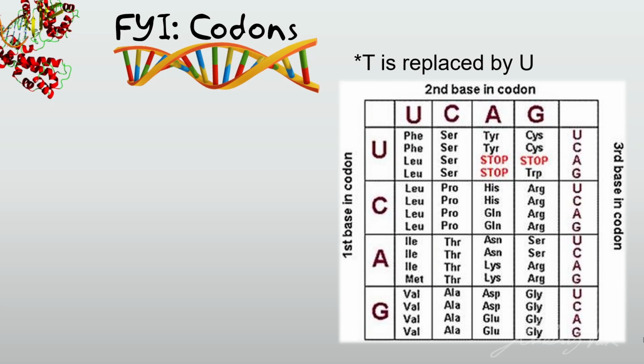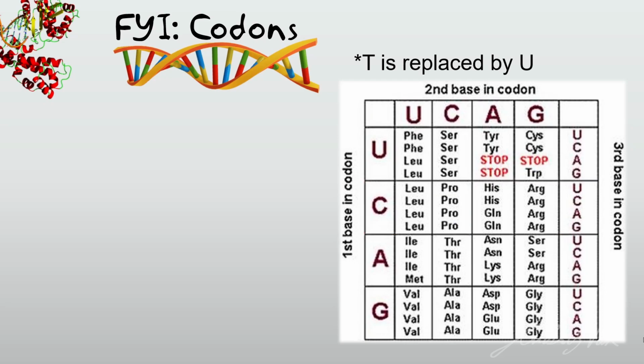If the first is cytosine, second is cytosine, and third is cytosine, it will code for proline. If first and second are cytosine and the last is guanine, it will also code for proline.